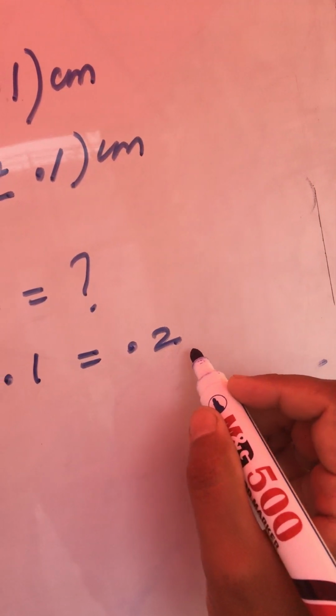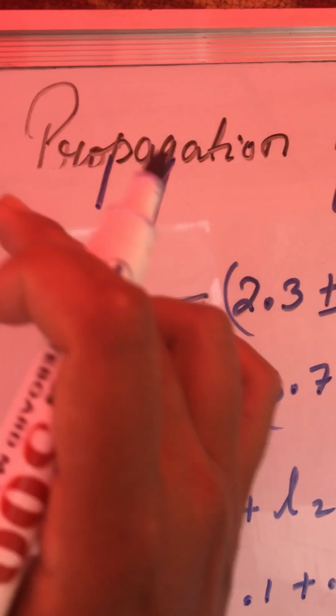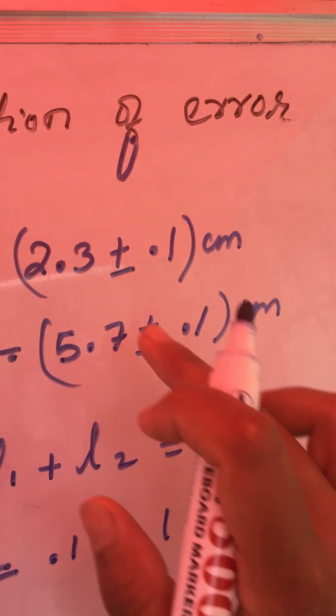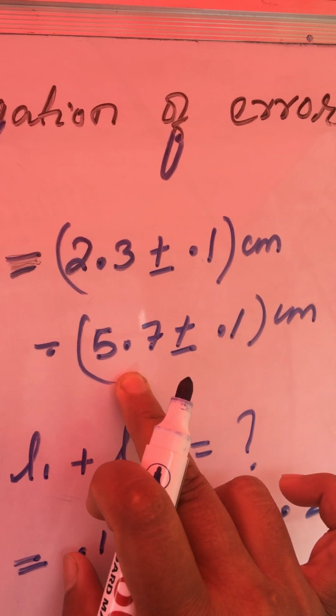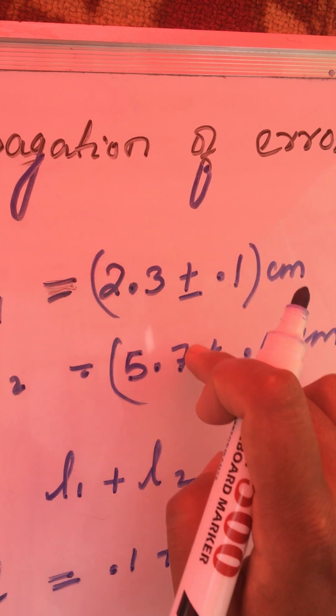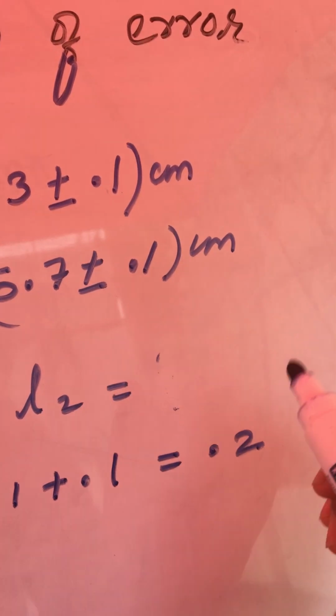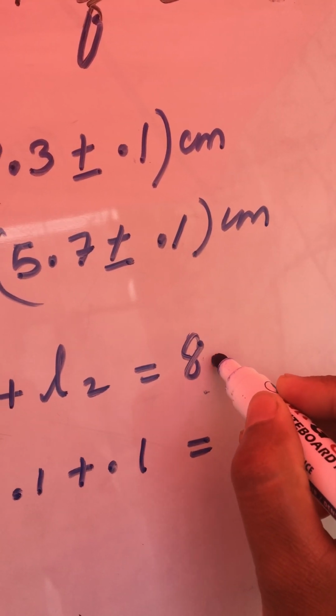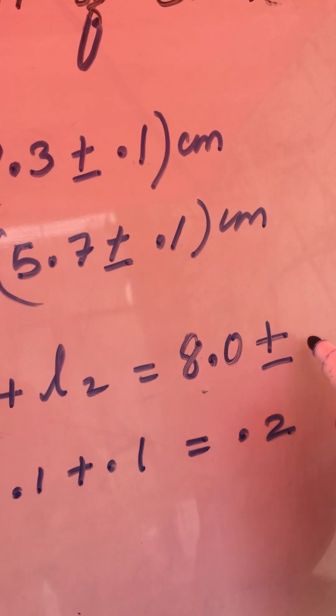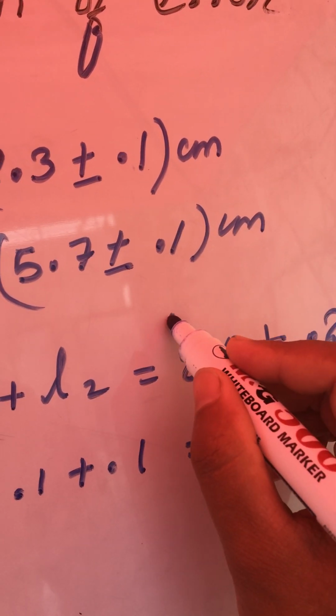This is all about the error. What about the values? It is 2.3 plus 5.7, which is 8. So this is 8.0 plus minus 0.2 centimeter.